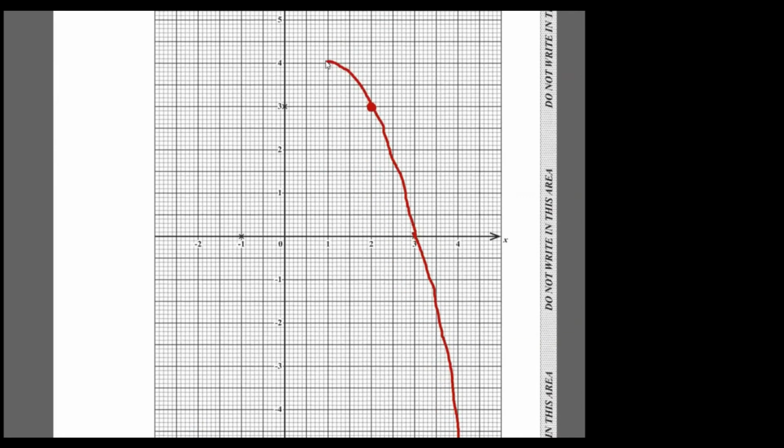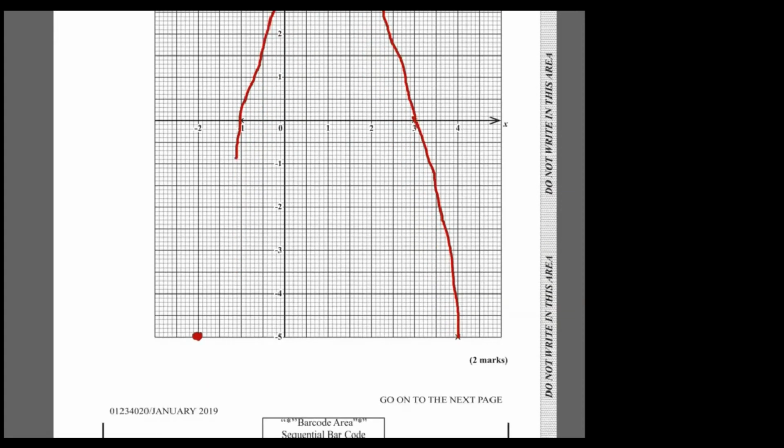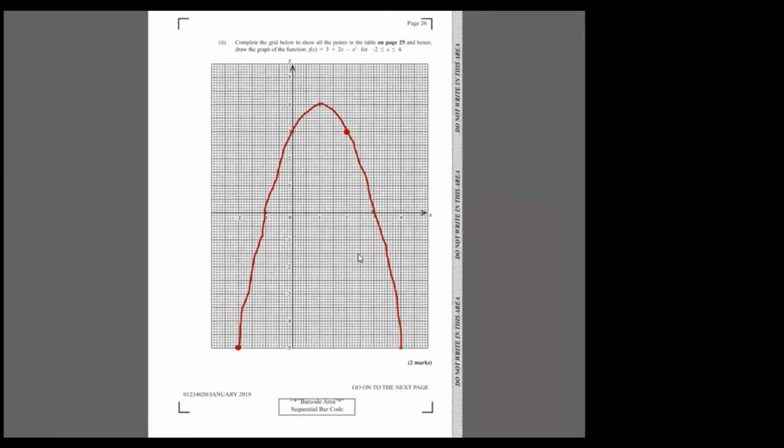And then this going down, cut through here, cut through here. Gonna keep going down. That's the graph. So this represents the graph of the function. These are the 2 points that were plotted in, and that gives you 2 marks.